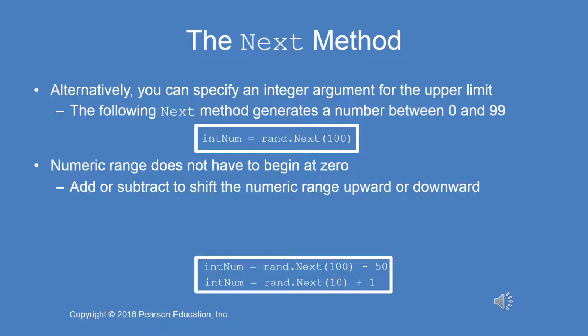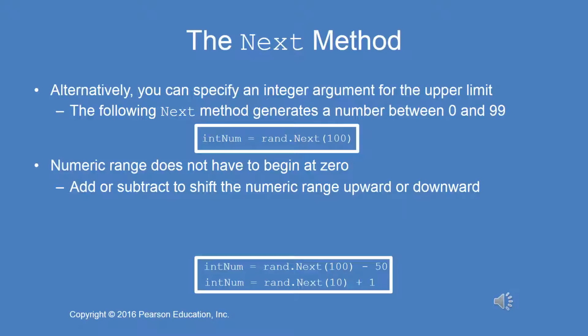That means the next method, when called, will generate a random number between 0 and 99, or less than the argument passed. And the numeric range does not have to begin at 0. You can shift that upward or downward by either adding or subtracting.